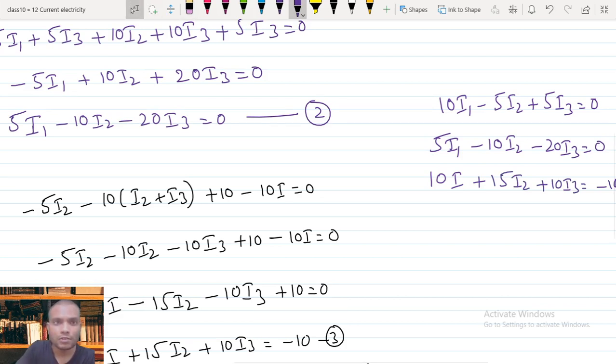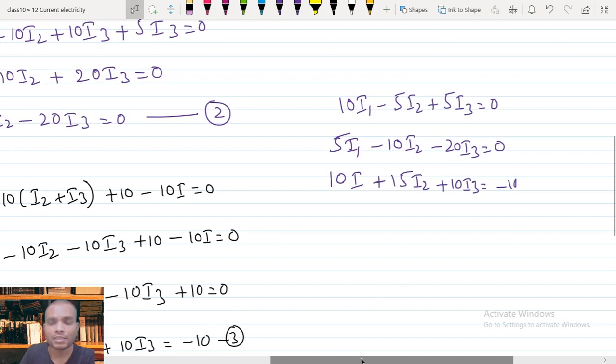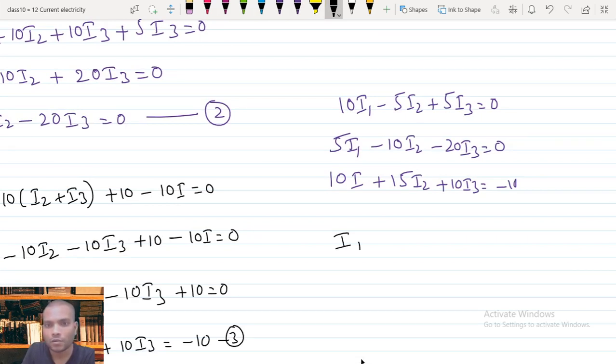So solve these three equations, and by adding and subtracting the three equations with each other, try to find the current in each branch. So finally you need to find the values of current: what is I1, what is I2 and what is I3, and also what is the value of I, which is also one of the characters we have taken.